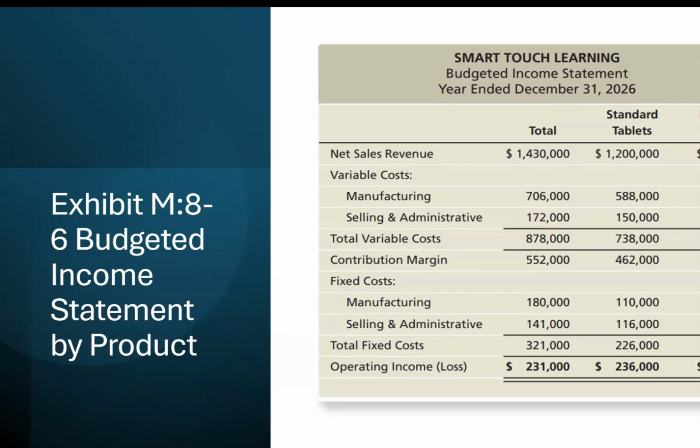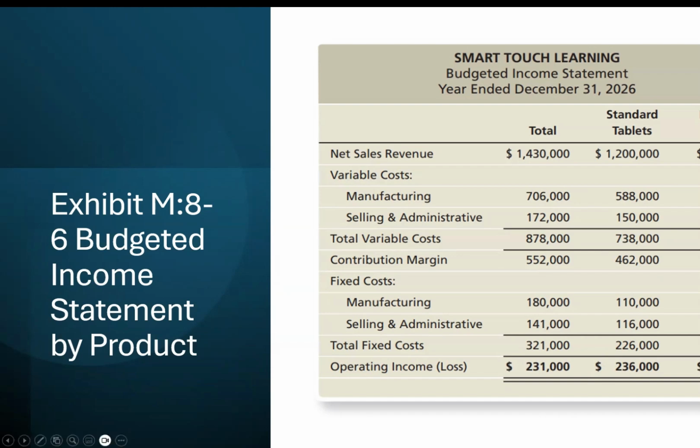Now, earlier, we focused on one of Smart Touch Learning's products, the standard tablet. Now, we will examine two of its products, the standard tablet and the premium tablet. Here in Exhibit 8.6, it presents the company's budgeted contribution margin income statement by product, assuming that fixed costs are shared between both products.